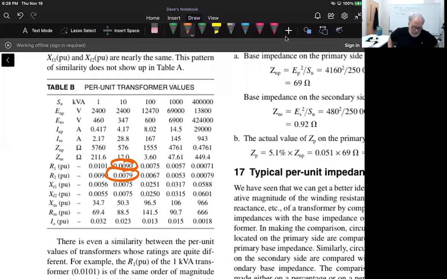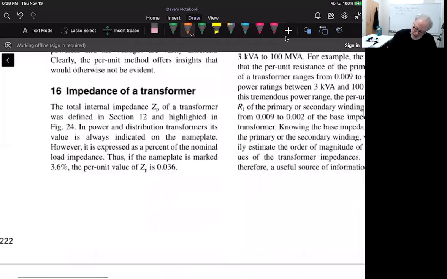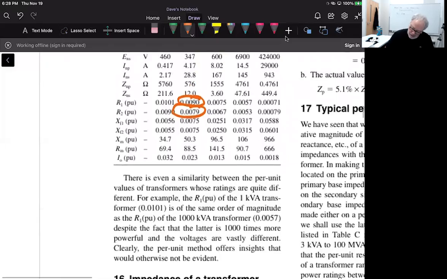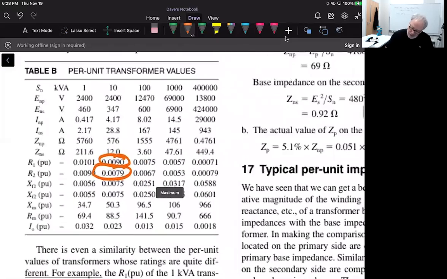Proceeding this way for the other impedances, you can get all these different relative values calculated. I know you're worn out on this, so we won't go through any more of these. But what we're eventually getting to is this table, per unit transformer values.